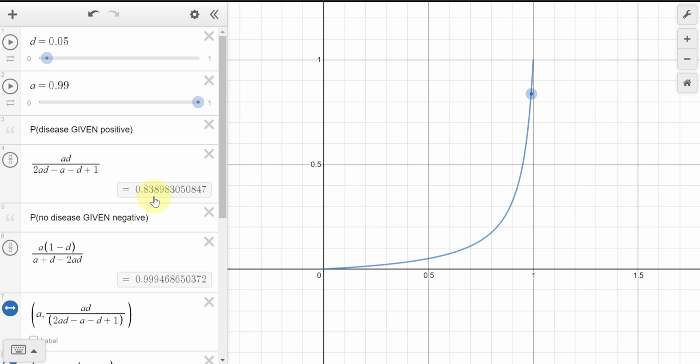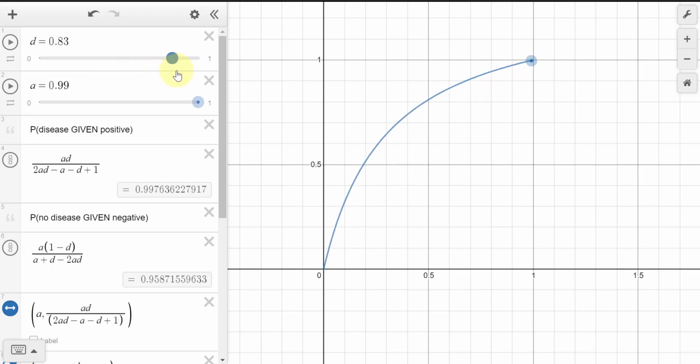This is an 84% chance that they have the disease. So what happens if you give the test to a smaller population where there's a higher incidence rate in that population? How does that affect the graph?